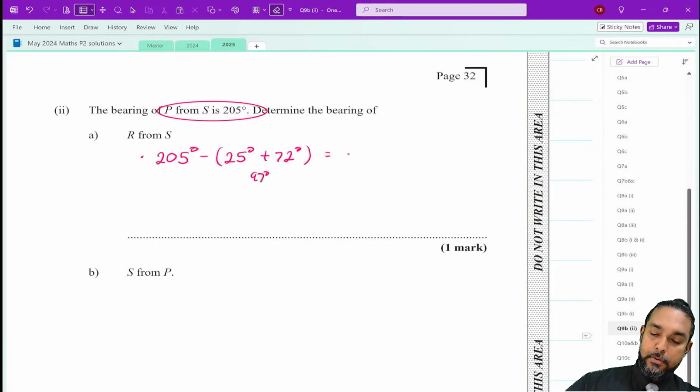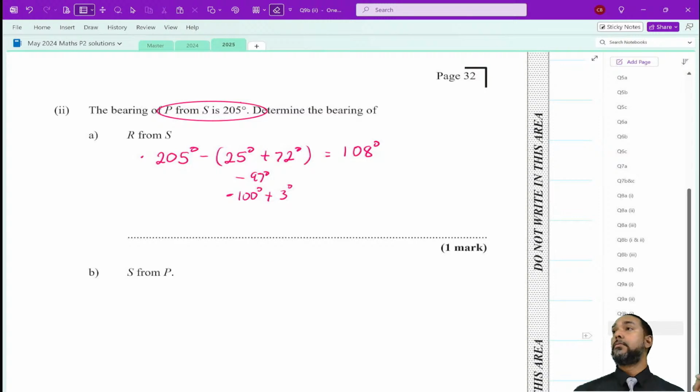So 205 minus 97. That's the same as 100 minus 3, right? So you could minus 100 and add back 3. Long story short, 205 minus 100 is 105. Add back 3 is 108. Anybody got 108? Yeah? All right, cool.